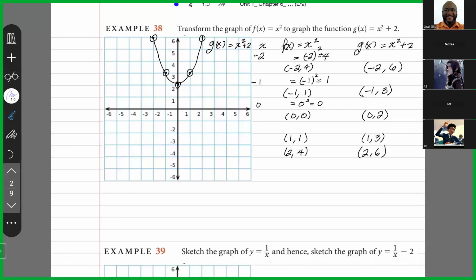All right. Now, sorry, f of x is equal to x squared. You'd have minus 2, 4. That would be here. You have minus 1, 1, which is here. You have 0, 0 here, 1, 1, and 2, 4.